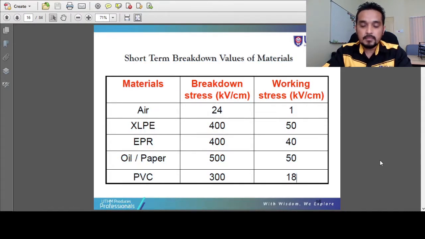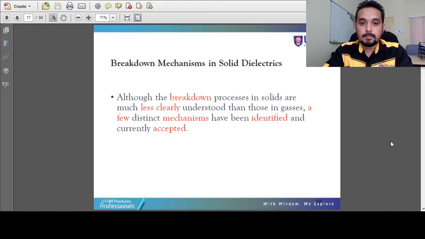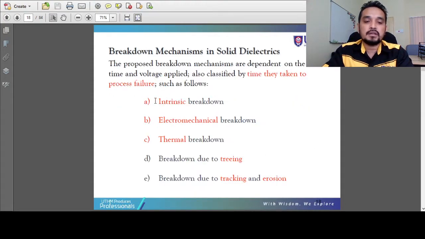So obviously the operation condition needs to be far less than the abnormal conditions, so that we can prepare for the worst. Breakdown phenomena in dielectrics are not well studied by previous researchers. However, there are several breakdown processes that are agreed to lead to failure in solid dielectric material.